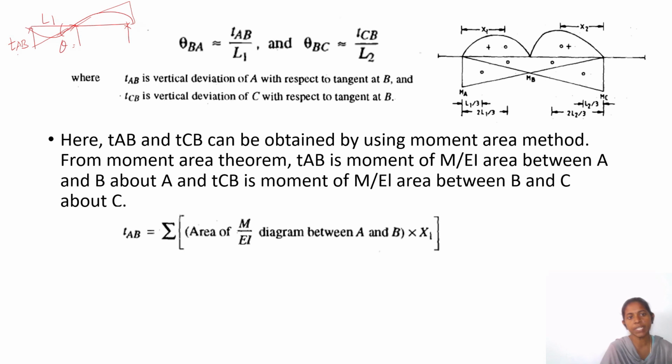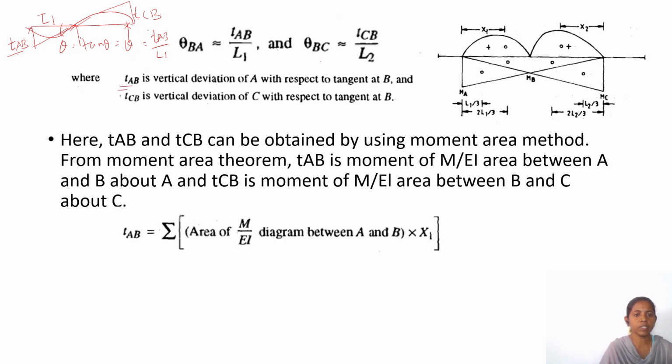Normally theta will be tan theta. We can neglect tan theta as theta, which is opposite by adjacent, that is TAB by L1. Similarly, theta BC is TCB by L2. So TAB is the vertical deviation of A with respect to the tangent at B, and TCB is the vertical deviation of C with respect to the tangent at B.